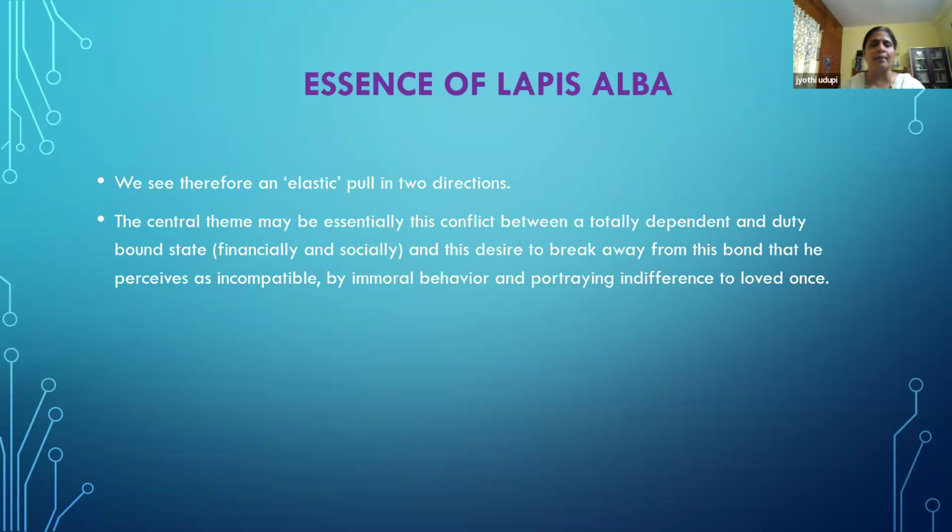So the essence of Lapis alba is, we see an elastic pull in 2 directions. The central theme may be essentially this conflict between a totally dependent and duty-bound state, financially and socially, and this desire to break away from this bond that he perceives as incompatible, by immoral behavior and portraying indifference to loved ones. This is not taught in our families. But the girl was undergoing this phase.